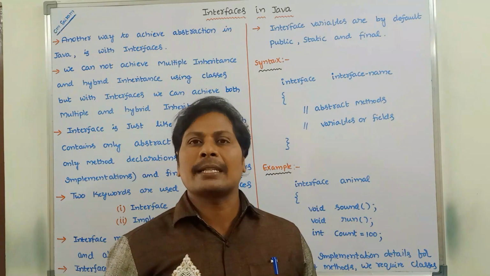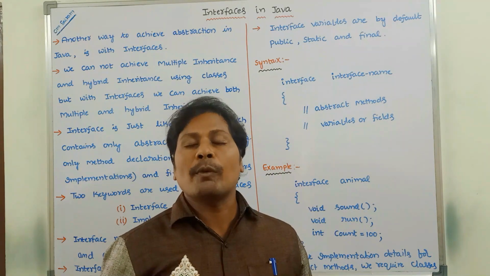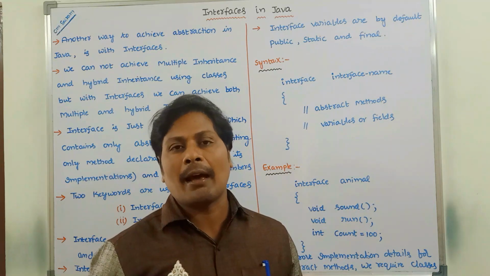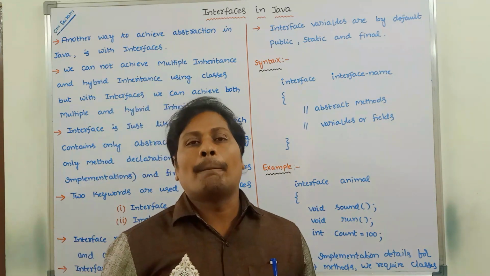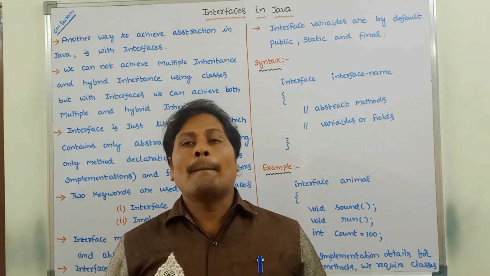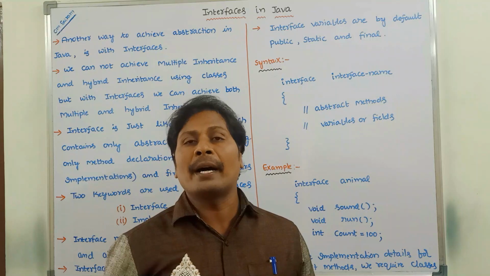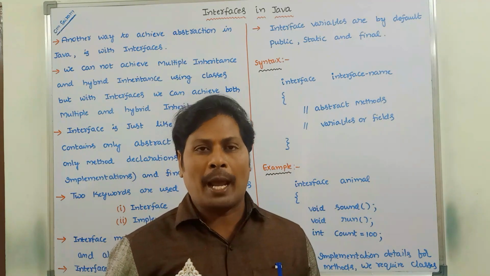Multiple inheritance is nothing but a child class acquiring properties from more than one base class. That type of inheritance is called multiple inheritance. It can be achieved only by using the interfaces concept in Java.